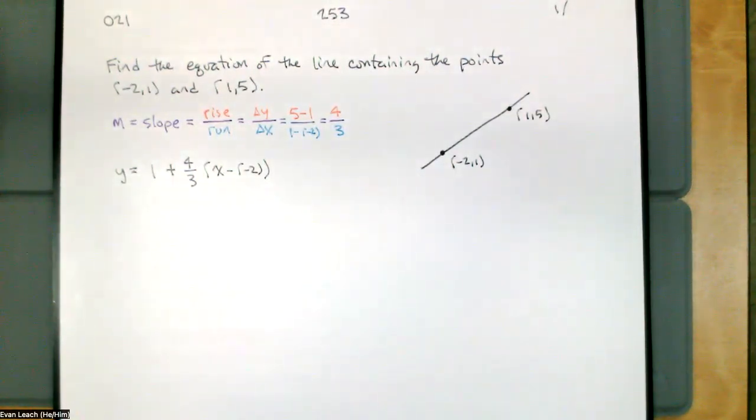This is not how I would normally write X plus 2. But here's a description of what's going on in a line. Y starts at 1 when X is negative 2 and increases by 4 every 3 units.